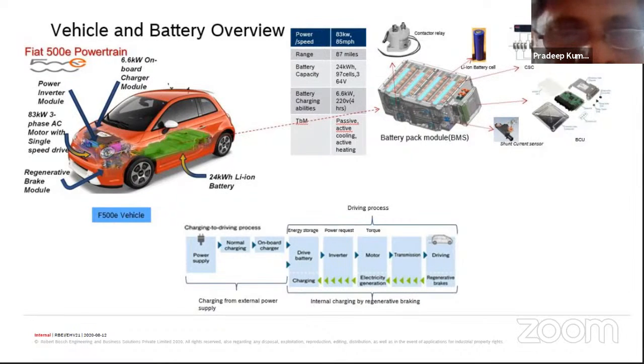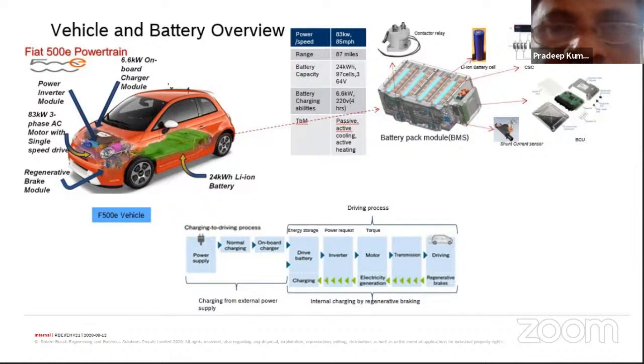This battery is lithium-ion based. We'll have a look at what lithium-ion is and why we should go for it. It has a capacity of 24 kilowatt hour. On the right-hand side you can see the battery pack with various lithium-ion cells. Typically an individual lithium-ion cell has a voltage level of around 3.5 to 4 volt.